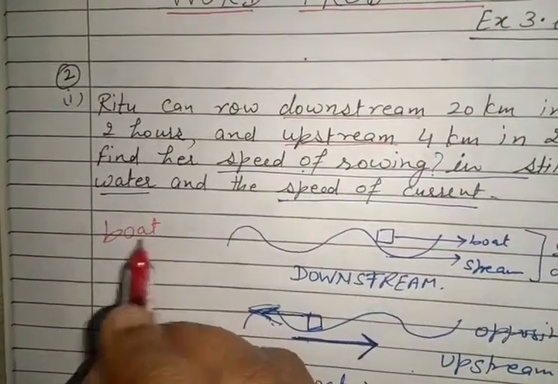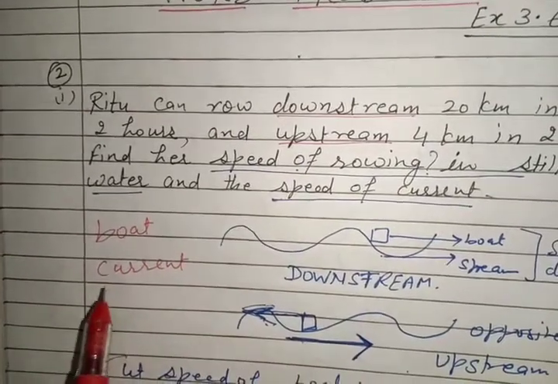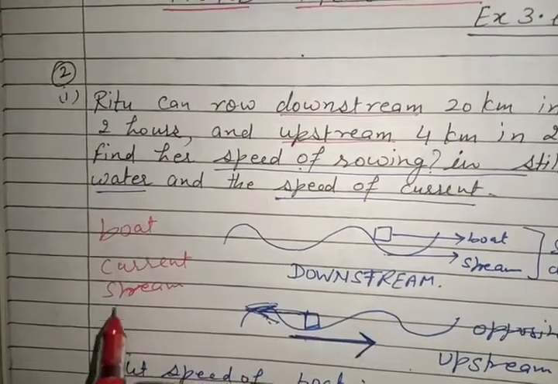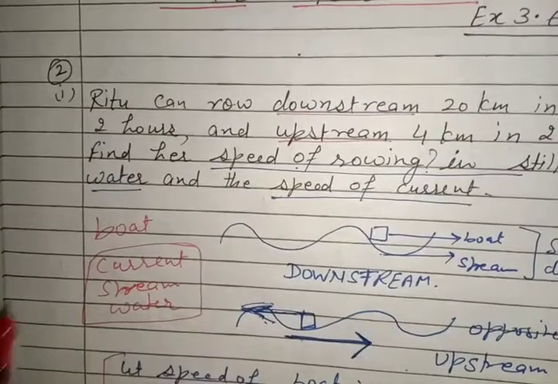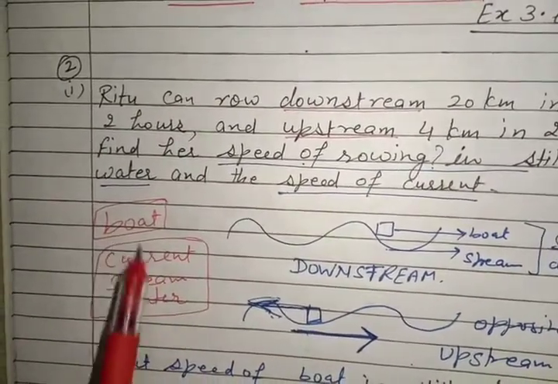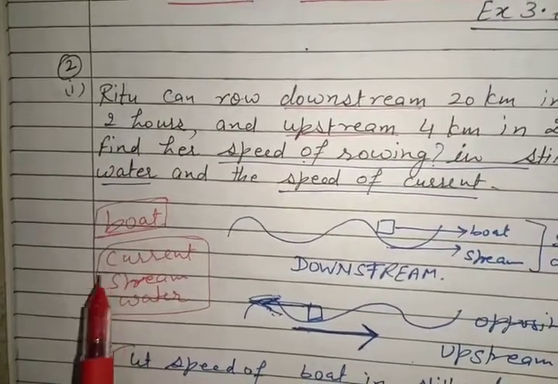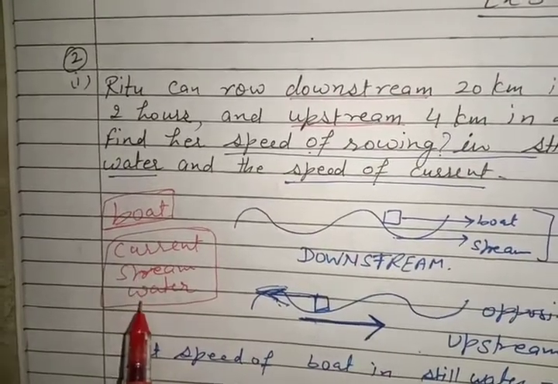And the other thing that we need to find is current, stream or water. These three words have the same meaning. Whenever you get a question of upstream and downstream, there will be two quantities: one is speed of boat and the other is speed of current or stream or water. These three have the same meaning.